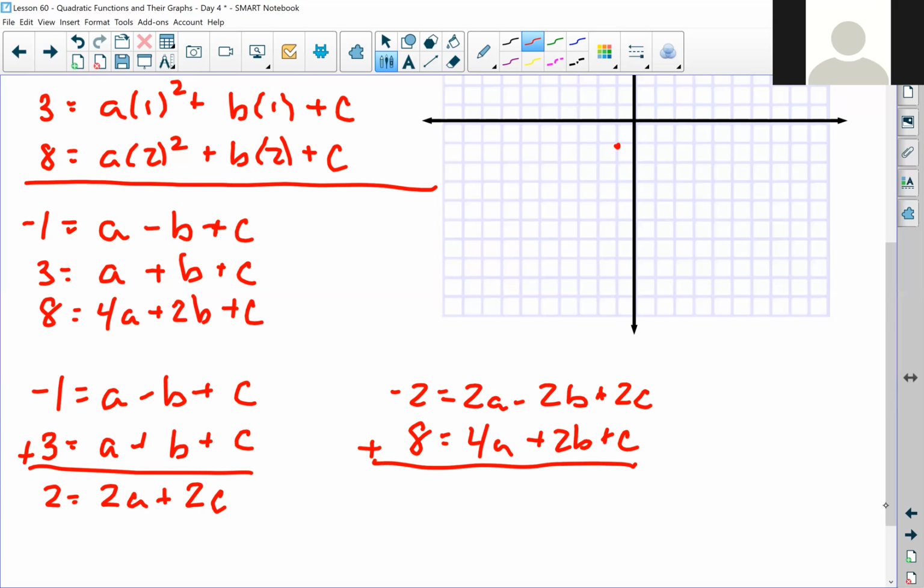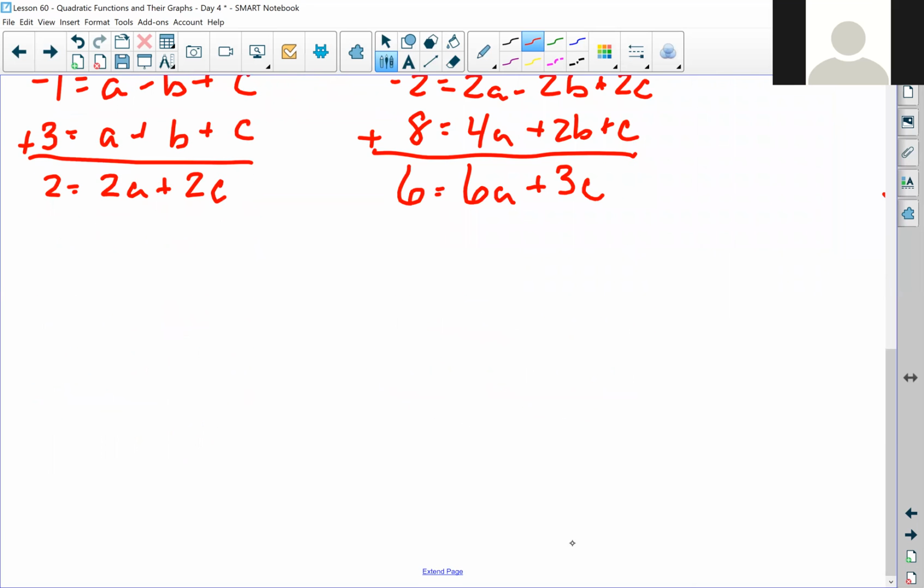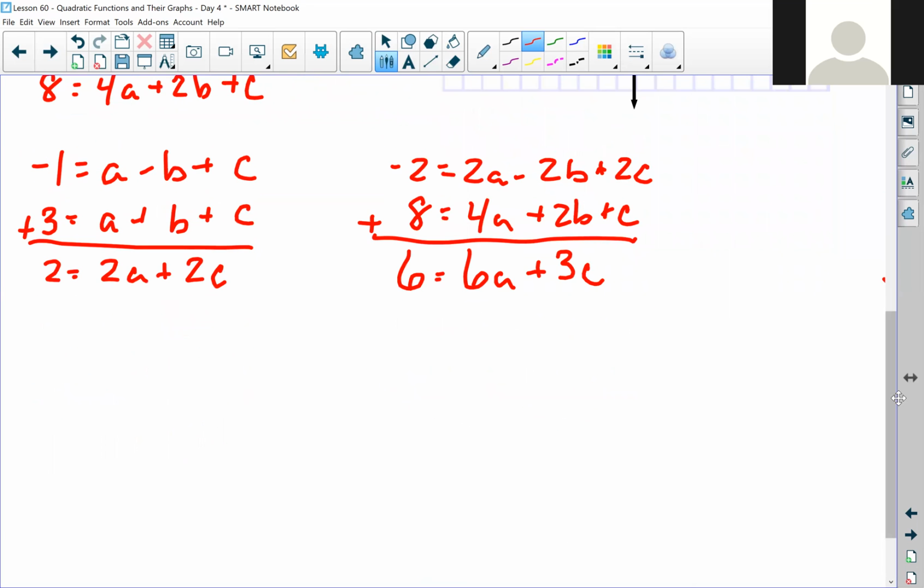Add those together. 6 equals 6a plus 3c. Now I need to take those two equations and eliminate either the a or the c.